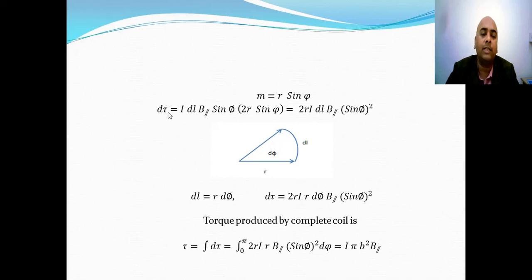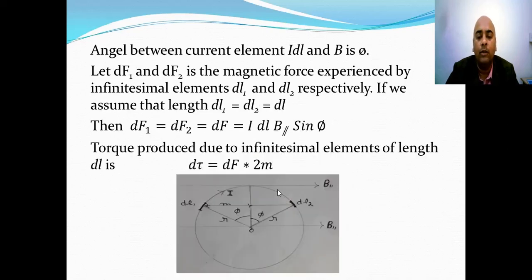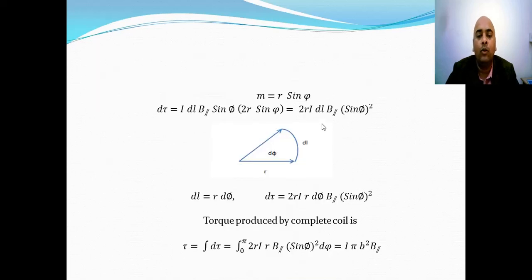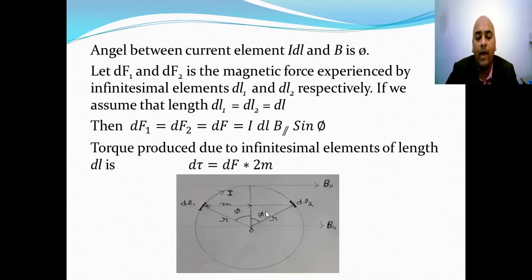Now this expression of torque again comprises two variables, length dl and angle phi. For every location on the loop, the length dl and the location phi are variables. So we want to specify dl in terms of angle phi.